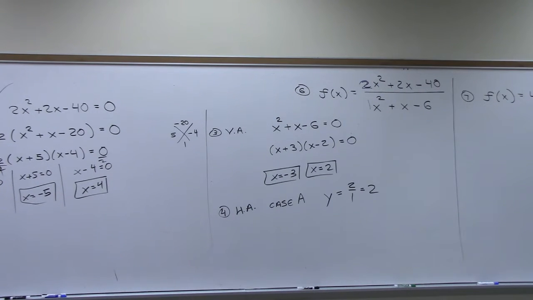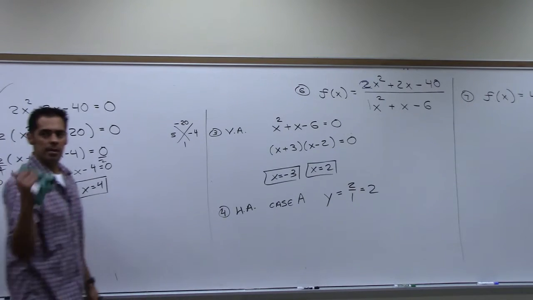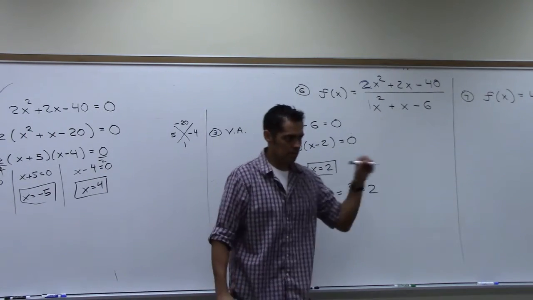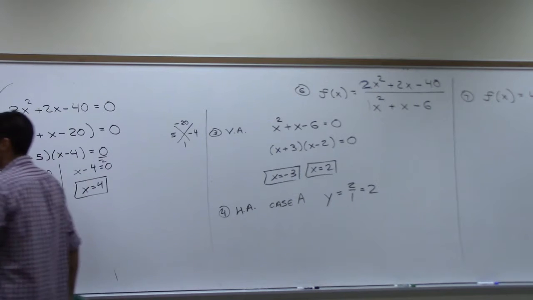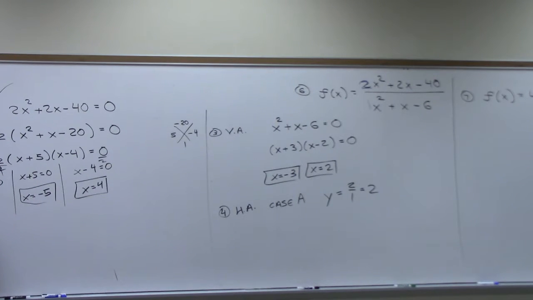All right, start with my x-intercepts, negative 5 and 4. What am I going to draw at these? Points, right? Those are points, x-intercepts. And next thing was verticals at 2 and negative 3.